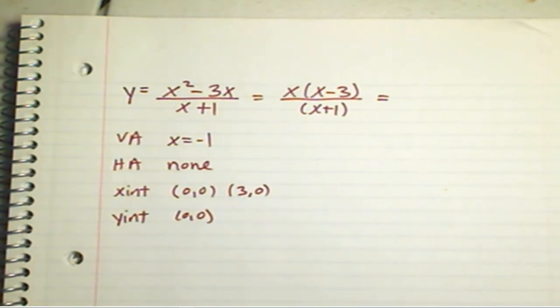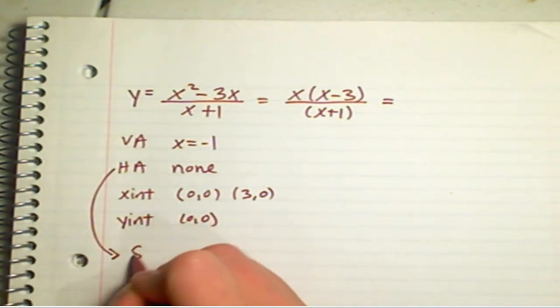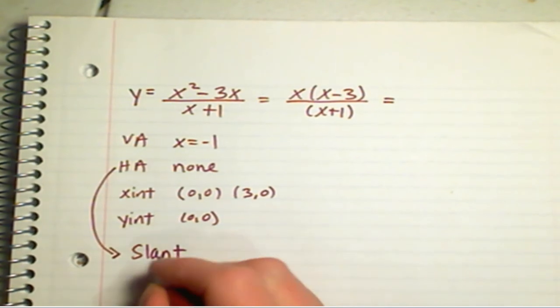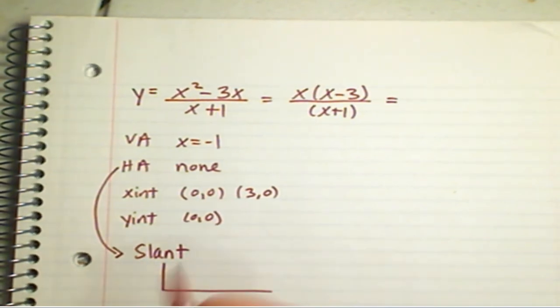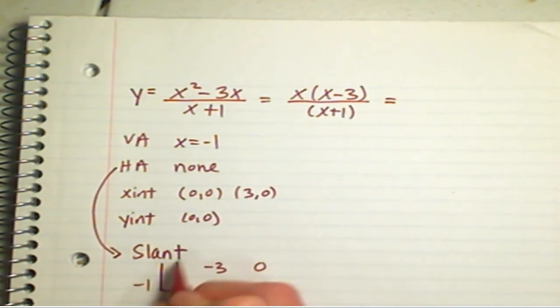Okay. And none. So I'm going to come down here and I'm going to do the slant. So I'm going to figure out the equation. Okay. 1, -3, 0.